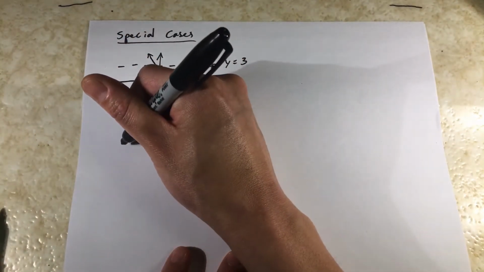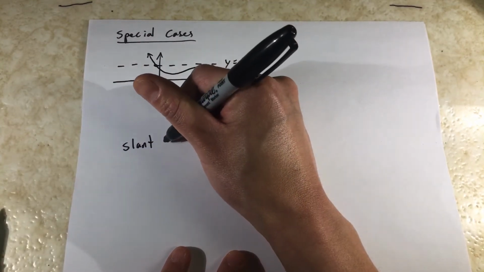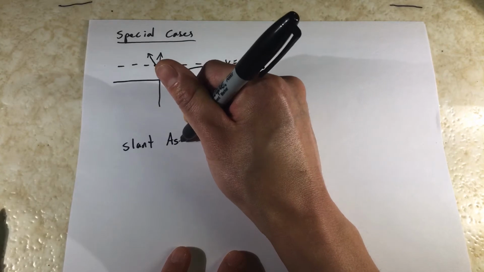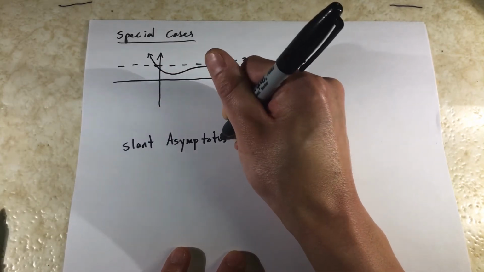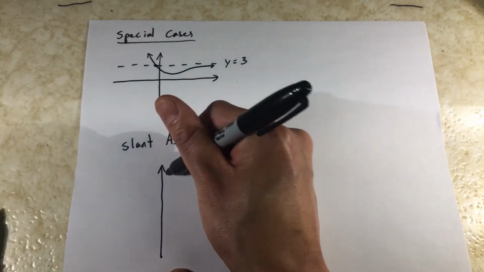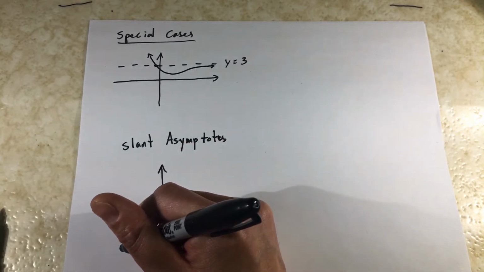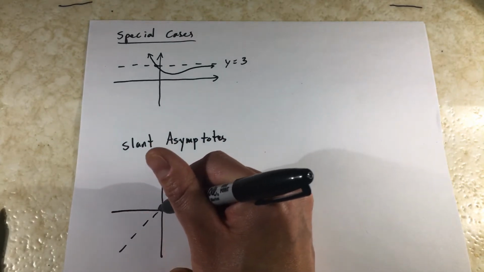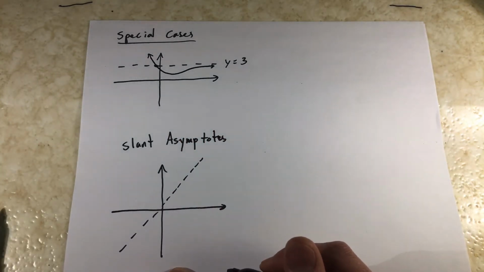There's also another kind of asymptote we're not really going to do, but you may see later on. They're called slant asymptotes. Okay, so slant asymptotes might look something like this. You have some graph, and instead of being a horizontal or vertical asymptote, you can have an asymptote that is along a sloped line.